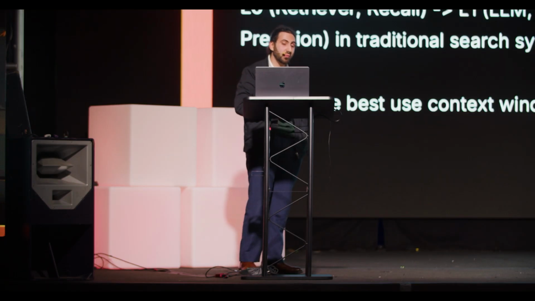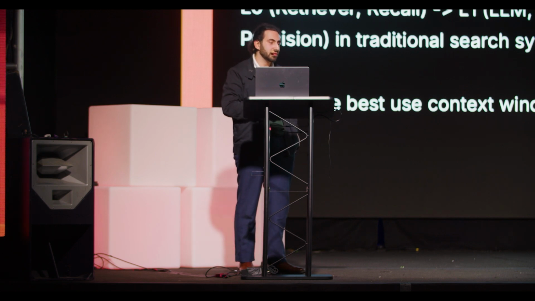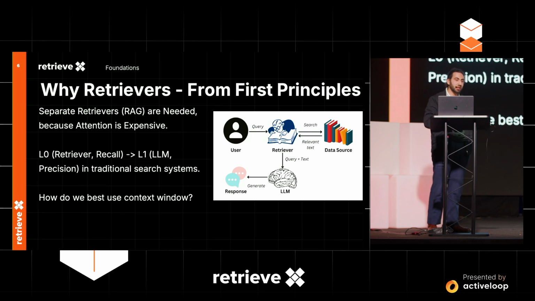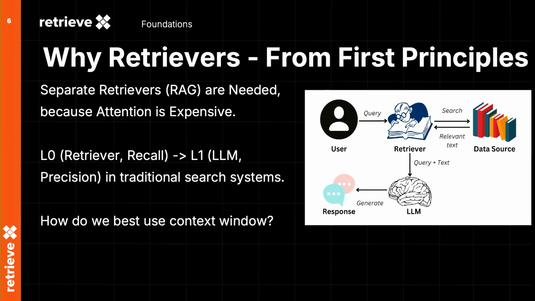Specifically, when we talk about why we need separate retrievals rather than using very long context, there's a unified answer here, and the unified answer is that attention is actually relatively expensive, and I actually will not treat this as a first principle. I'll challenge this, but the way that this pipeline looks is that you have a very high recall system because LLMs are quite expensive, and this very high recall system is your retriever.